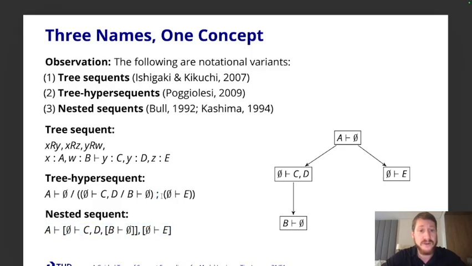And all three of these different strings, you might say, or different representations, are different representations of the same tree of Gentzen sequents shown on the right. Now, throughout this talk, I'm going to use the terminology synonymously, but I'm going to try to stick to using the tree sequent terminology. But these are effectively all the same thing. Okay? They all encode trees of Gentzen sequents, just using a different notation.